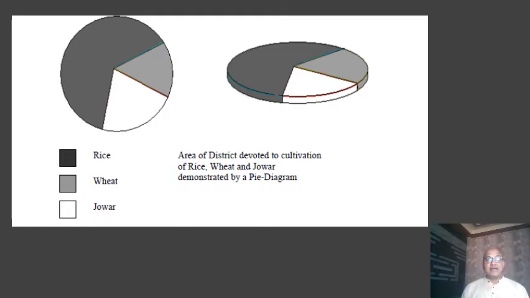Thus, if we have a large mass of data, we can compress it by writing the frequency of each variable corresponding to the value or the range of values taken by it. Let us suppose that the variable x takes the values x1, x2, x3, dash, xn.